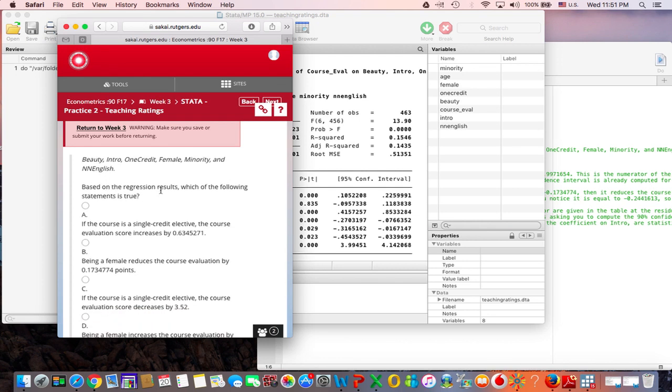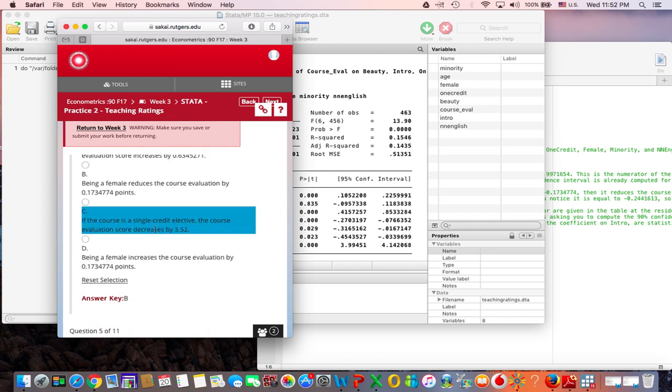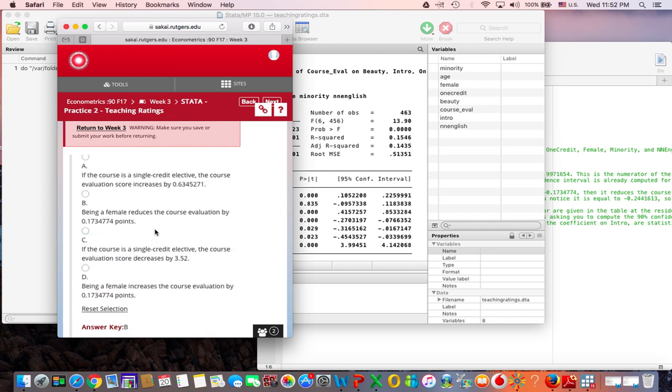Based on the regression results, which of the following is true? Okay, so you read all the sentences, and you need to find the correct one based on whether I'm talking about female or single credit. So we have two answers about single credit, and we have two answers about female.